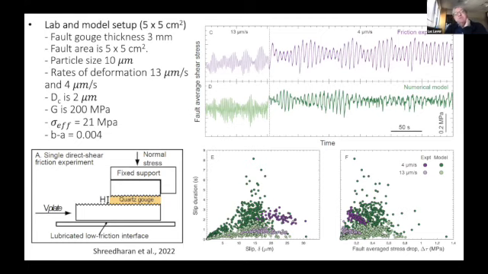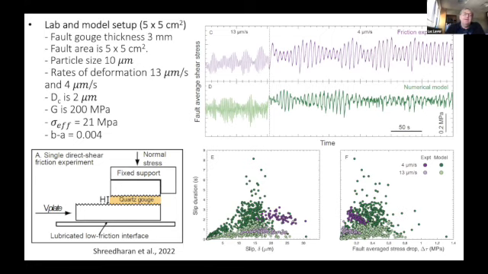And these experiments on the fault gouge, so the lab and model setup: the fault gouge was 5 by 5 centimeters square. We cut a slice through it in the numerical model. The fault gouge thickness was 3 millimeters. The particle size, the quartz grains, is 10 micrometers. They varied the rates of deformation, which correspond mostly to things that look like slow slip events, or tremor or LFEs.